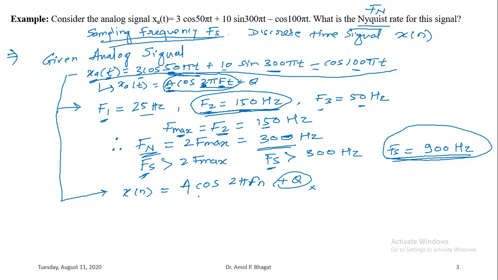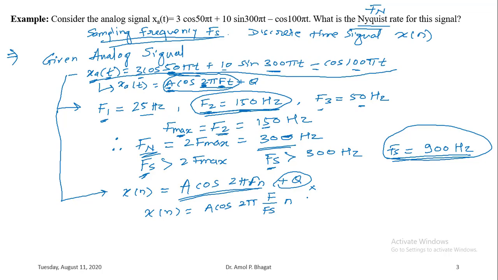And if you compare this with what we have, we have x of n is equal to a cos 2 pi small f, which is nothing but capital F upon fs, multiplied by n plus theta, right?